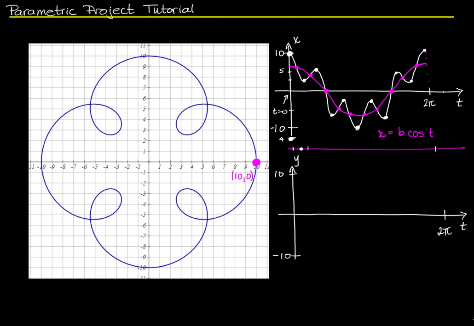Okay. Now, what about the next point here? Well, that point is a certain distance below the pink line, and it's kind of hard to tell. We decided this was about 6. It might be closer to 7 actually, but let's just stick with 6 for now.